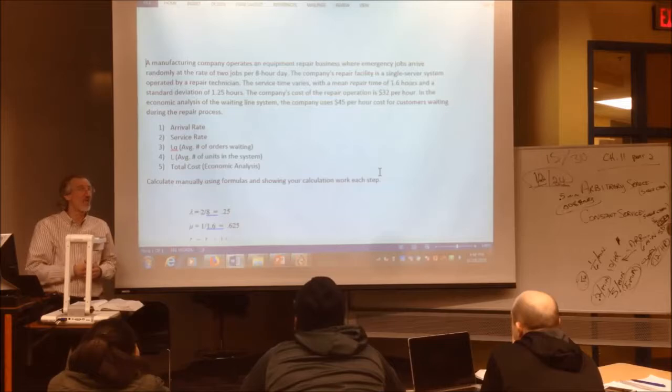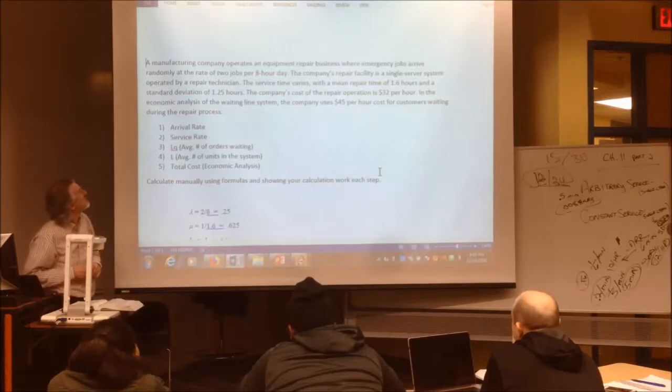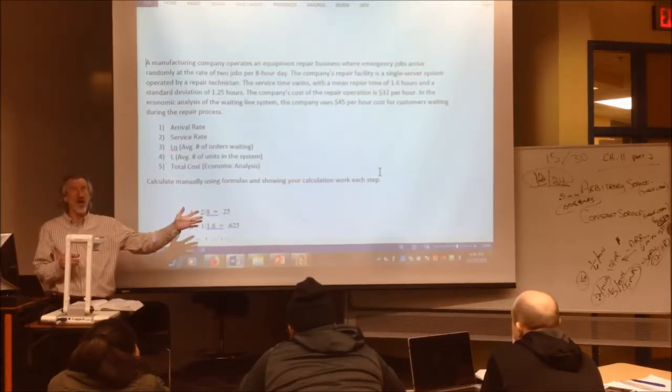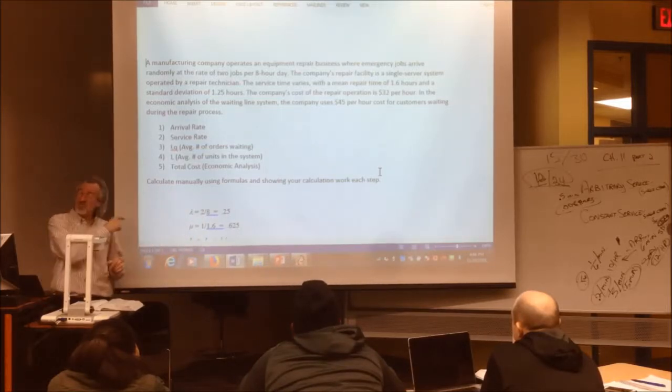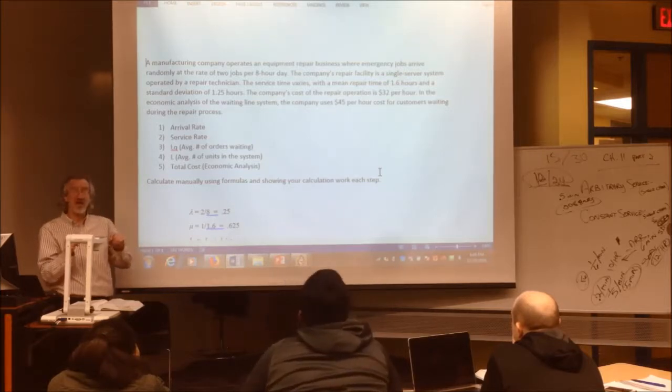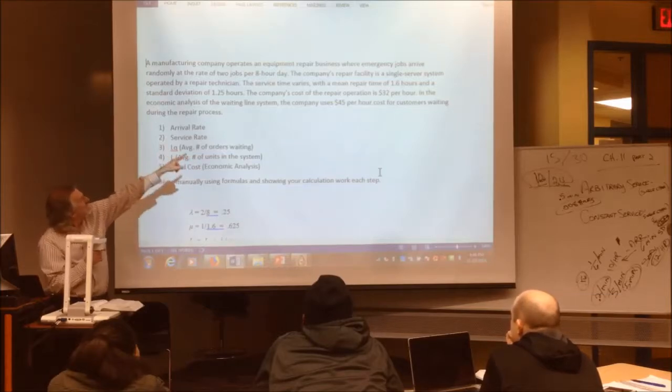It's given to you as how much time it takes. But be careful. Your instincts are going to say, I need to convert 1.6 hours to how many per hour. And it all depends what you put for arrival. If you leave the arrival at 2 per 8 hours, you need to convert service to how many per 8 hours.